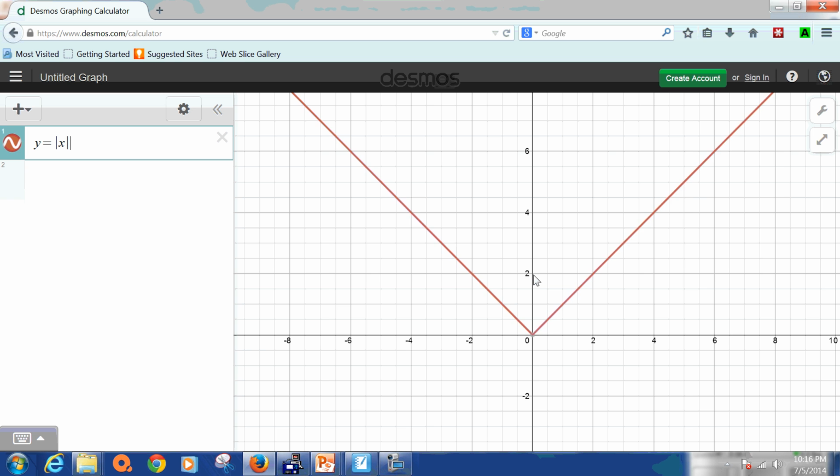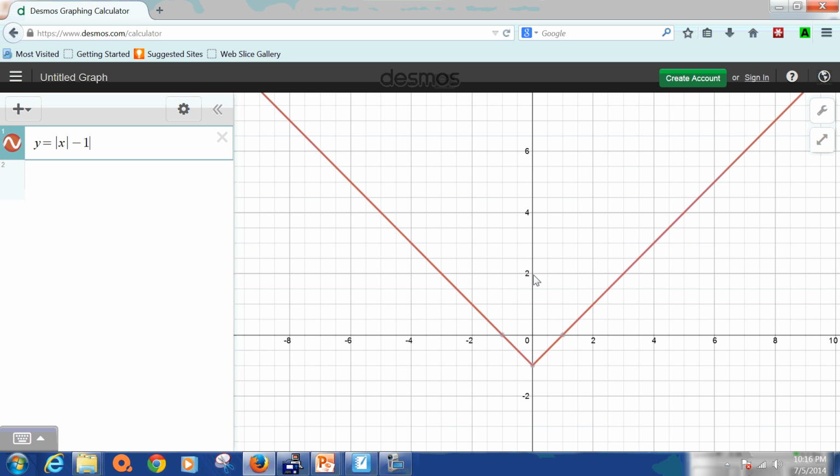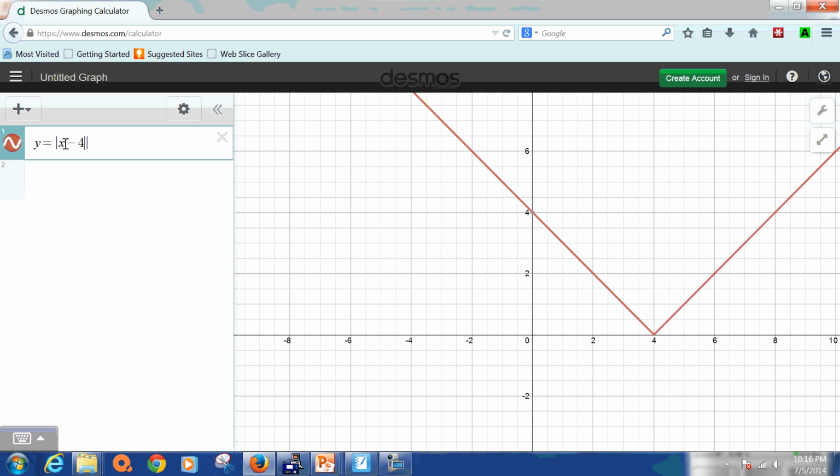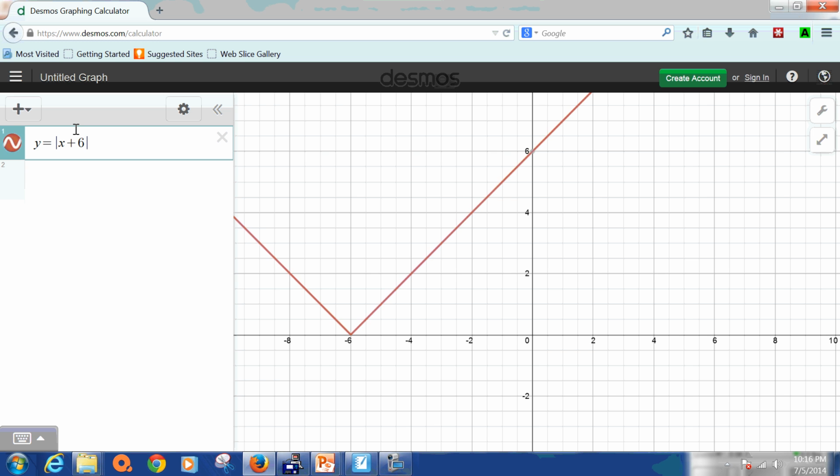If I want to drag it down, then it needs to be -1, or minus whatever number you want to drag it down to. If I want to scooch this guy over a little bit to, let's say, the +4, then inside over here I have to say -4. If I wanted to drag him over to the -6, then inside here I need to say +6.